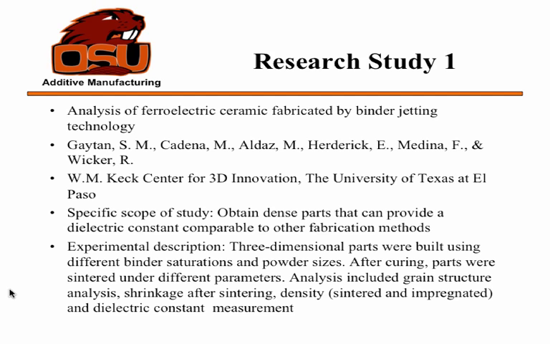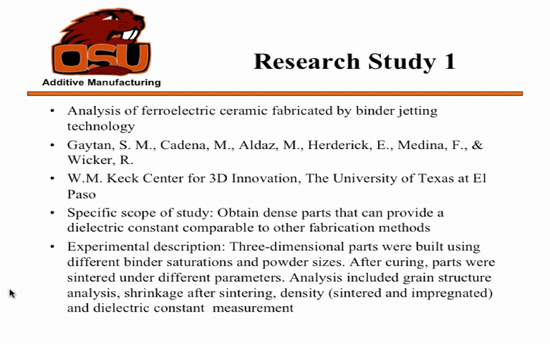The first research study is called Analysis of Ferroelectric Ceramic Fabricated by Binder Jetting Technology. The specific scope of the study is to try to obtain parts that can replace parts made with traditional or conventional manufacturing processes.